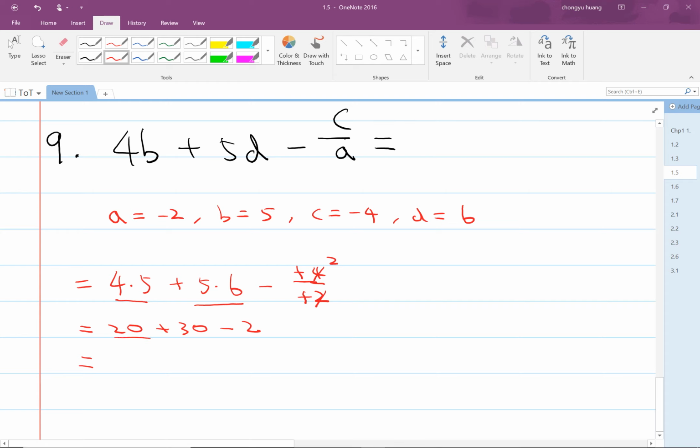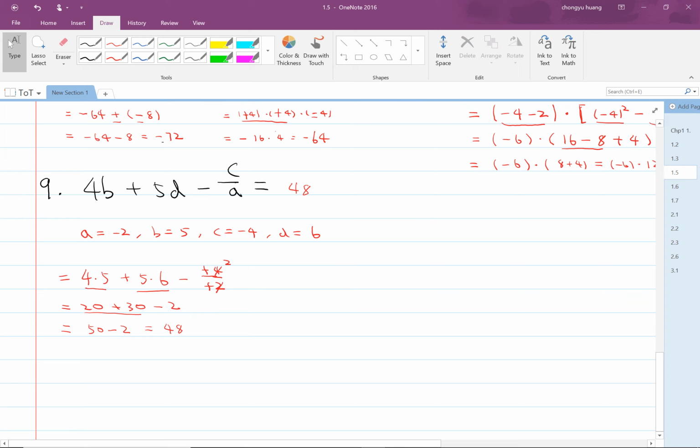And then we have 20 plus 30, which is 50, right? And then you have 50 minus 2. 50 minus 2 is 48, right? So did you get 48 as your answer? Hopefully you do.